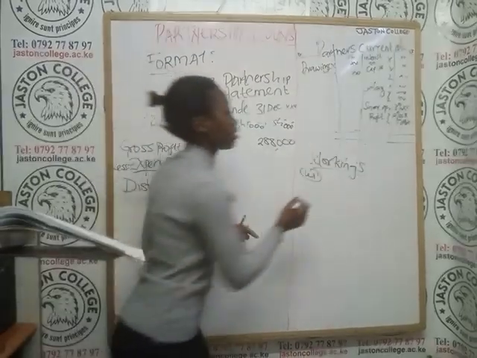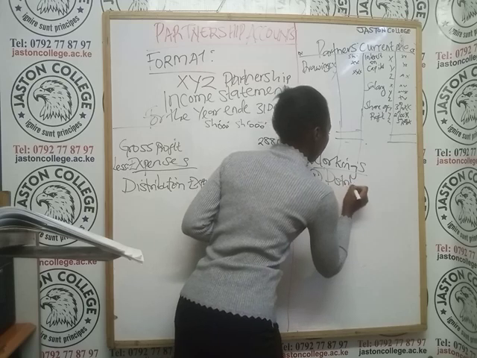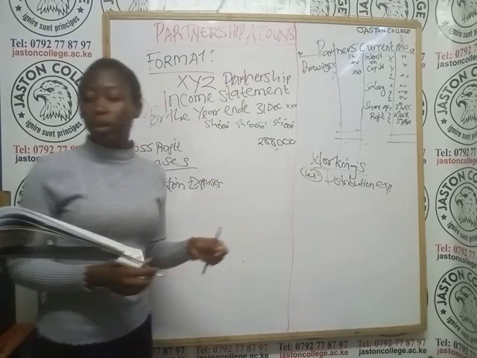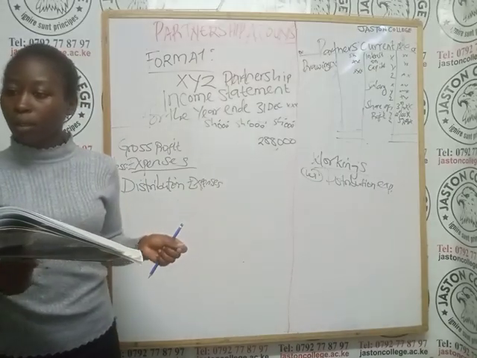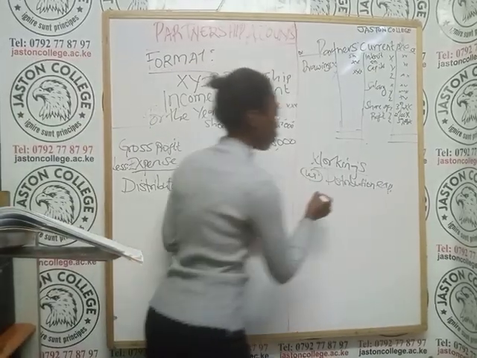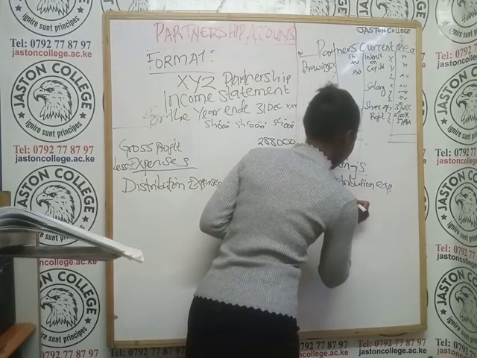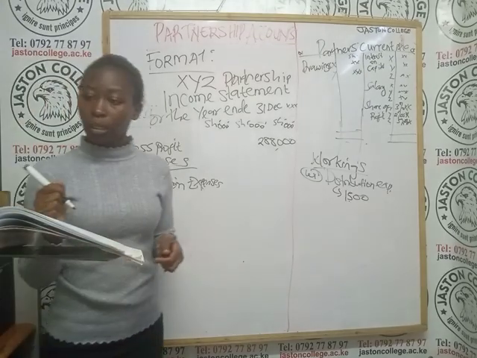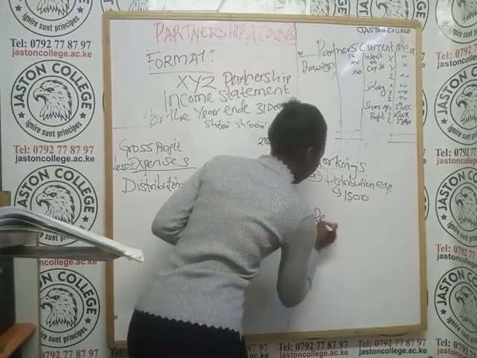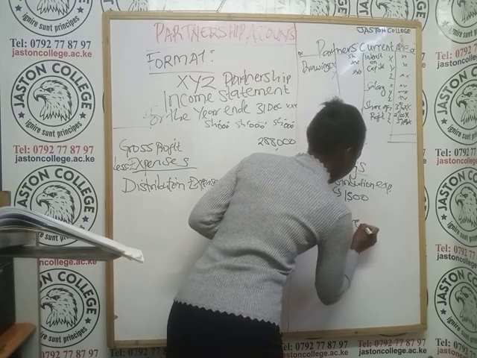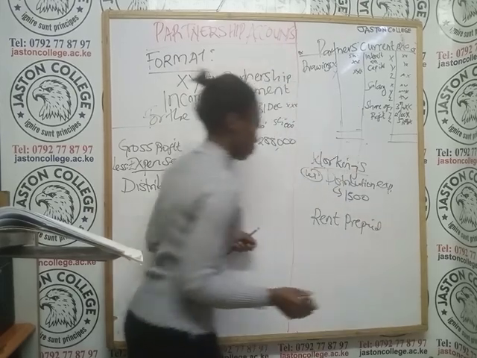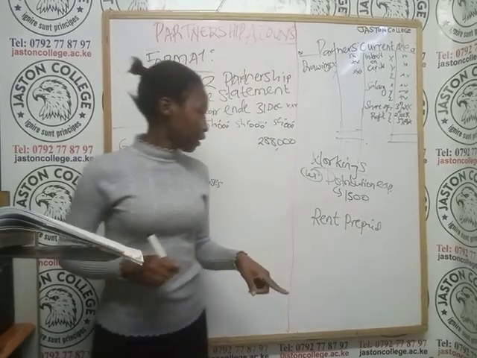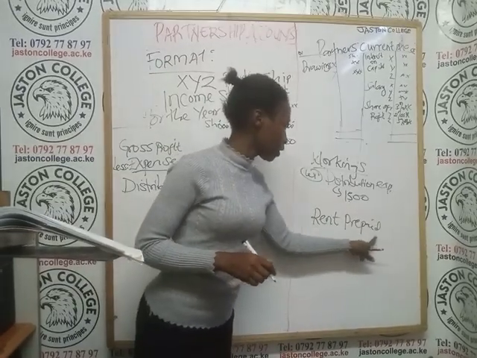We have our distribution expense, which was accrued to 1,500,000, and our rent was prepaid. Just like we know, accruals we always add, then prepayments we always deduct.